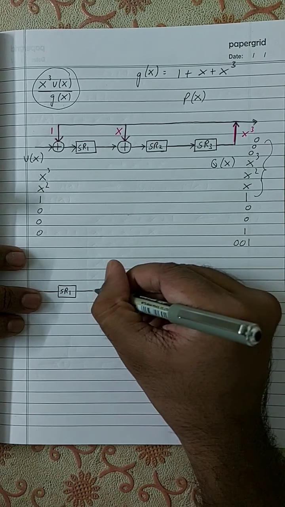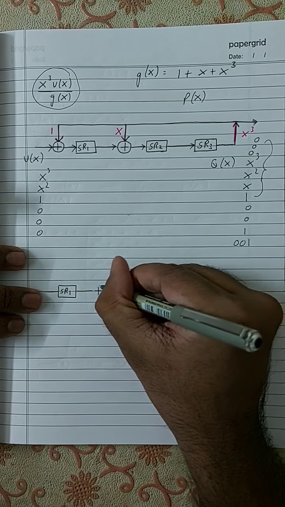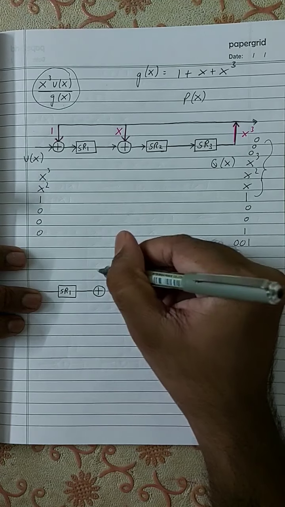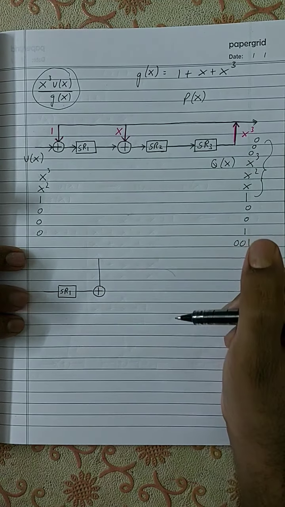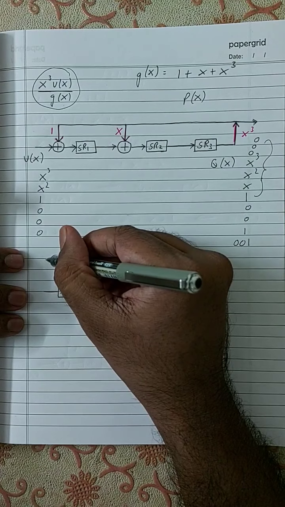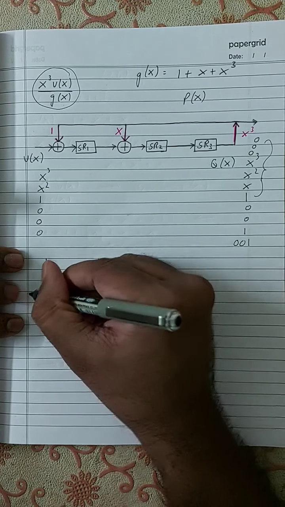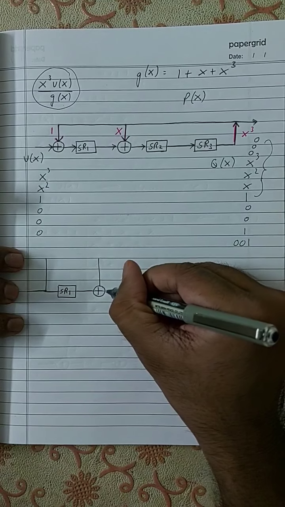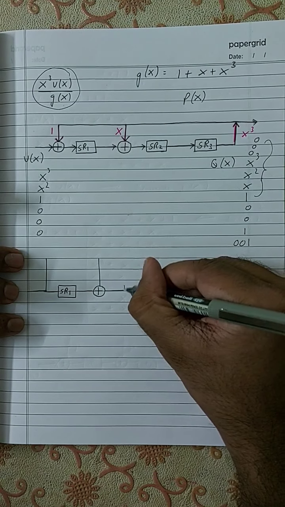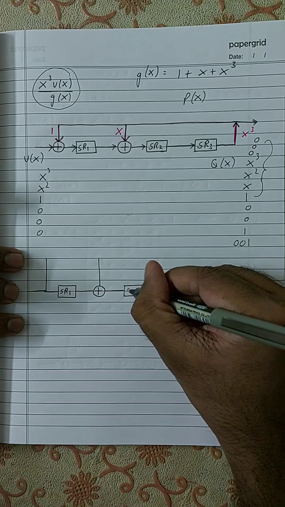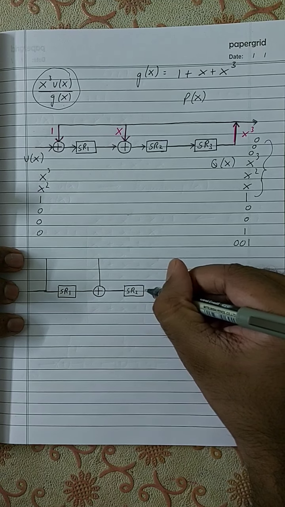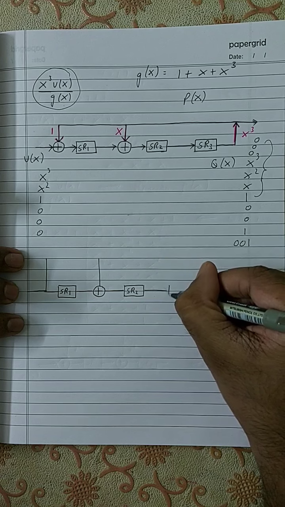I will draw this XOR function over here. Then I will draw the next shift register, that is SR2. Then I will draw SR3.